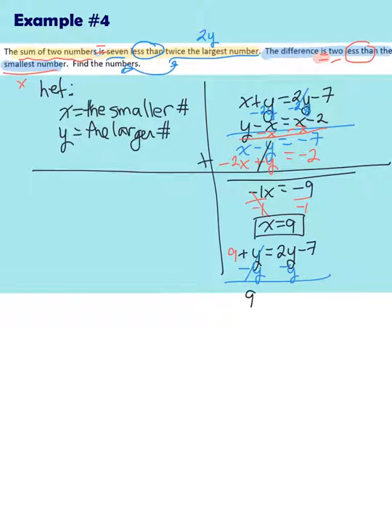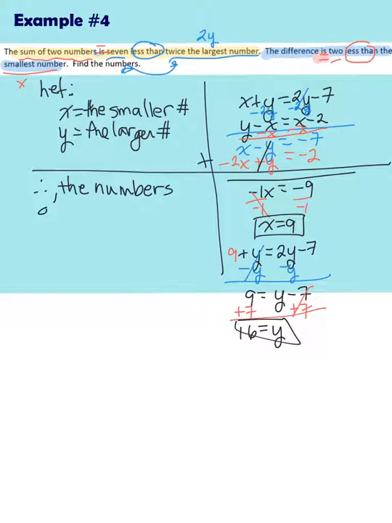I get 9 on the left, 2y minus y is y, minus 7, and then add 7 to solve for y. And so you get 16 is equal to y. So your two numbers are 9 and 16. So therefore, the numbers are 9 and 16.